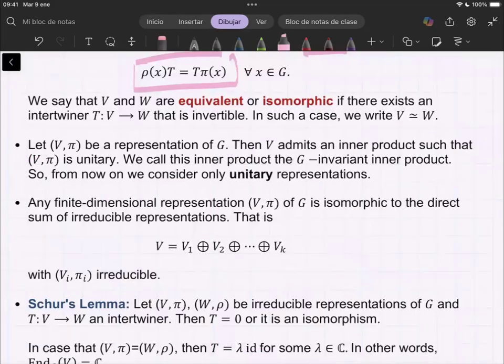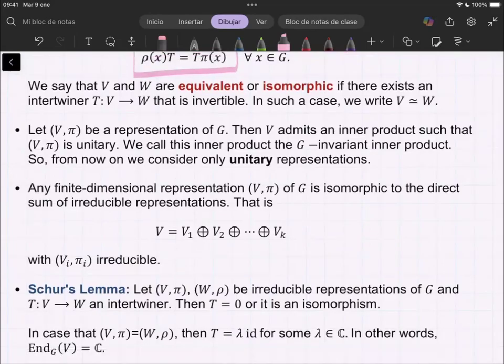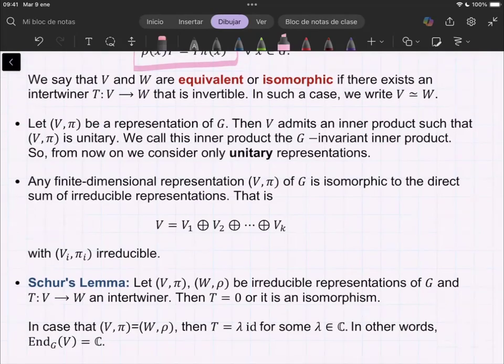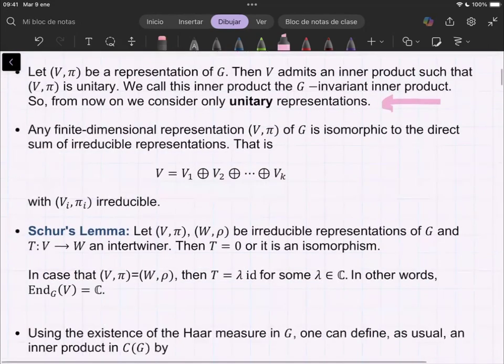So any representation is unitary. So from now on we are going to talk only about unitary representations, because any representation is unitary. We use the existence of this G-invariant inner product.